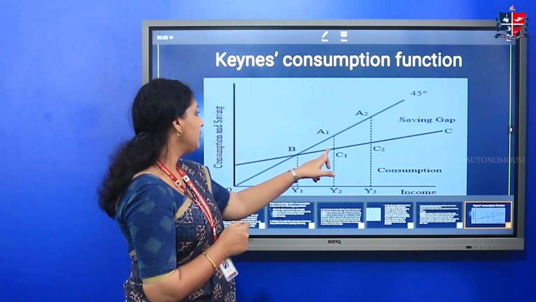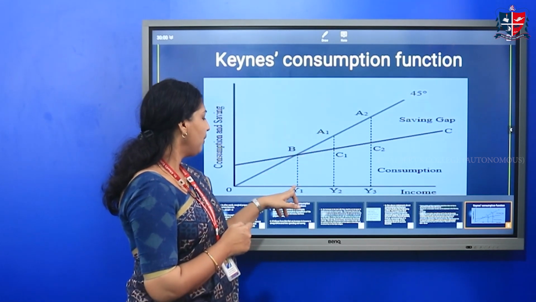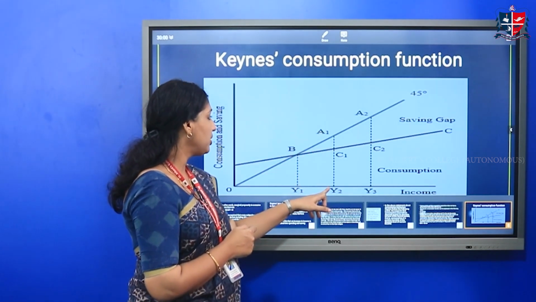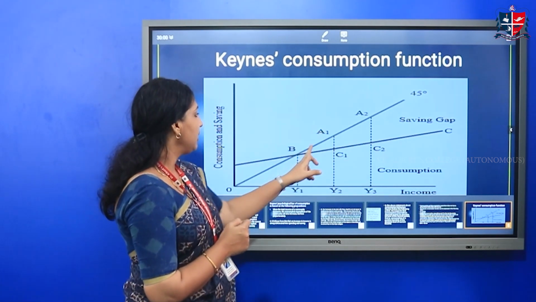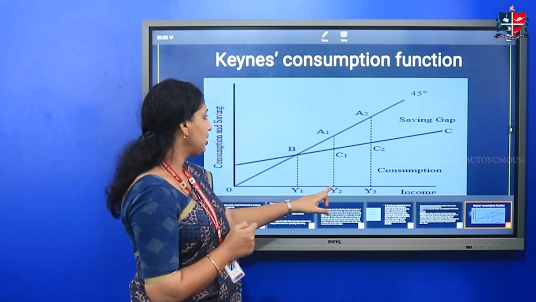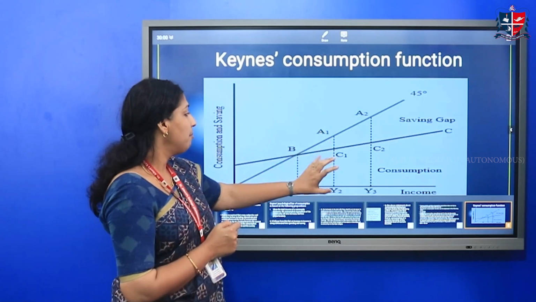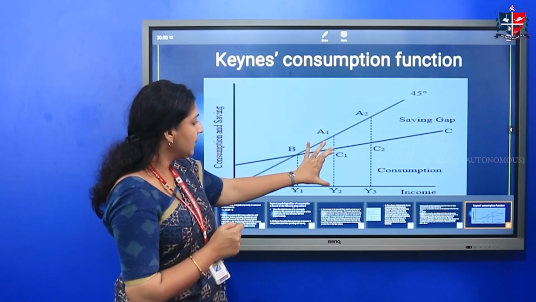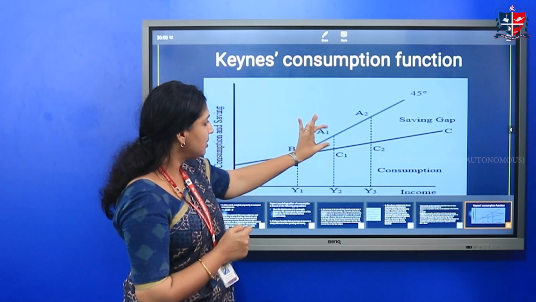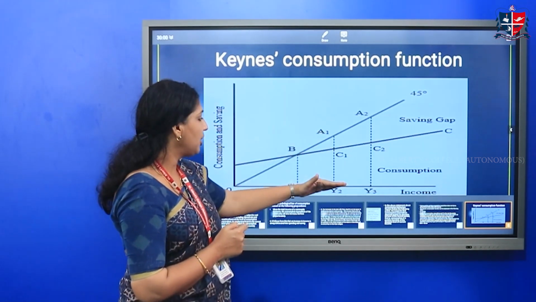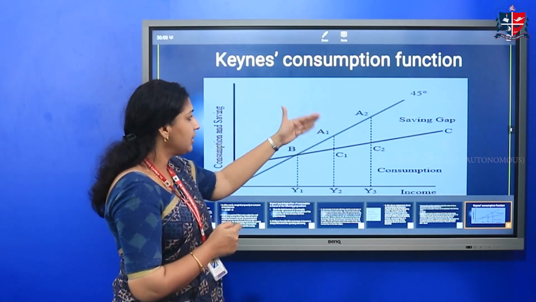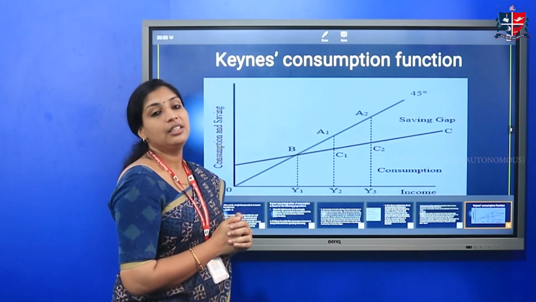When income increases from Y1 to Y2, consumption is also increasing. But see the difference here: A1, Y2 is the total increase in income, but consumption increased only till C1, Y2. So there is a gap between the total increase in income and the total increase in consumption. This gap is actually the savings.